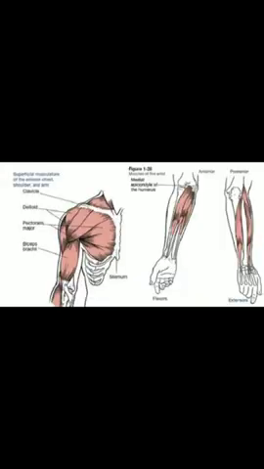So we have clavicle, deltoid, pectoralis major, and biceps brachii. And for the muscles of the wrists, this includes the medial epicondyle of the humerus, which is part of the anterior and also has flexor muscles. And for the posterior, we have extensor muscles.